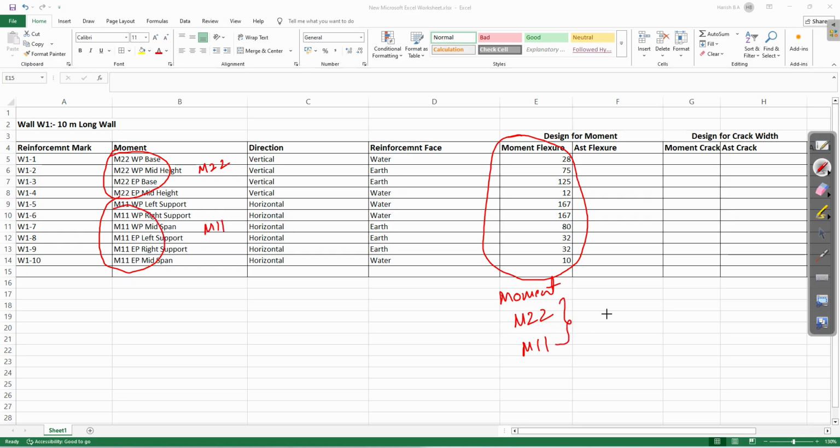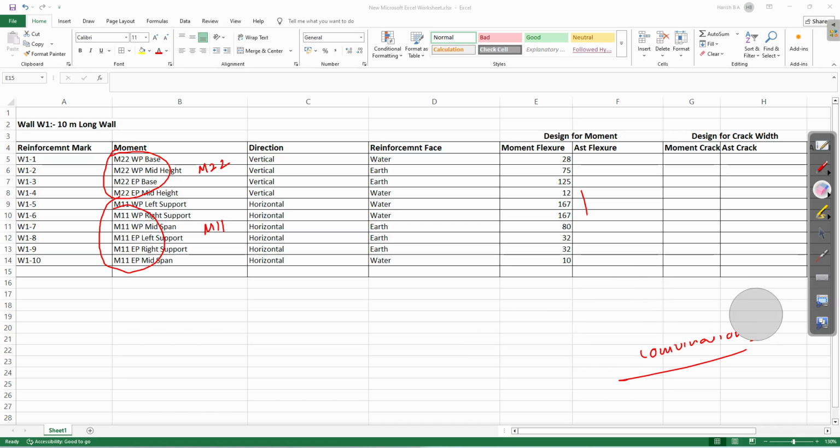You will get it from ETABS at the ultimate load combinations.